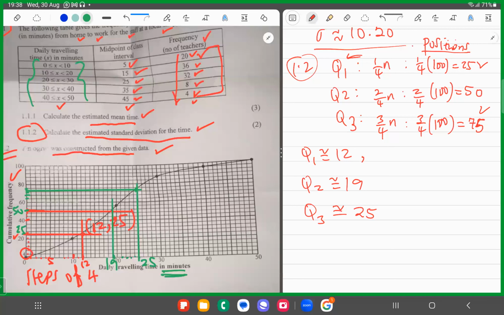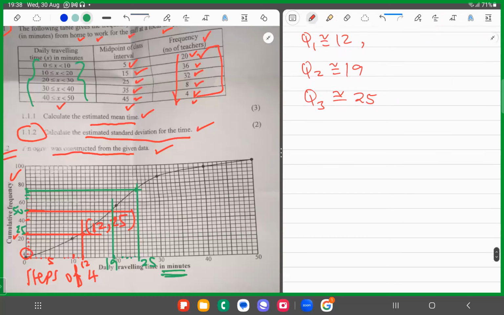So I'm going to give you other formulas that can be used to find Q1, Q2, and Q3 for grouped data. Obviously you can find Q1, Q2, and Q3 for ungrouped data, but what do we do in the event of grouped data? Note the formulas.